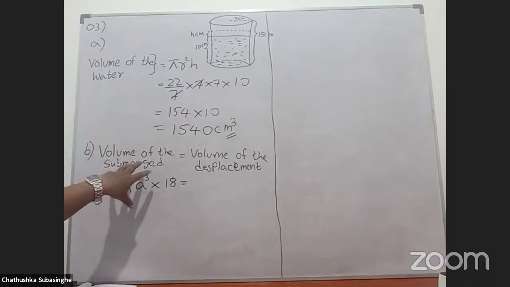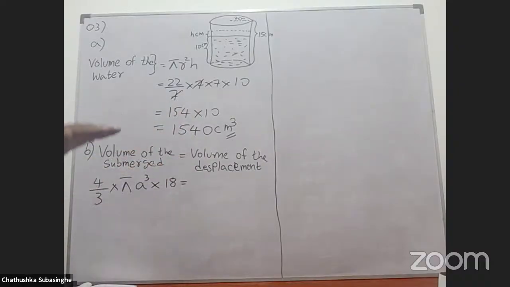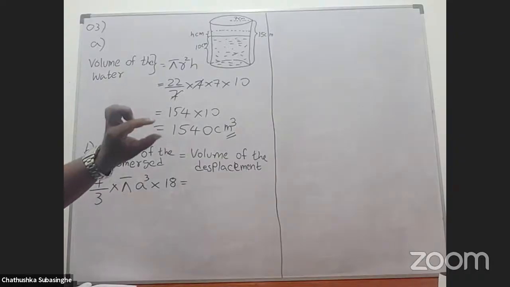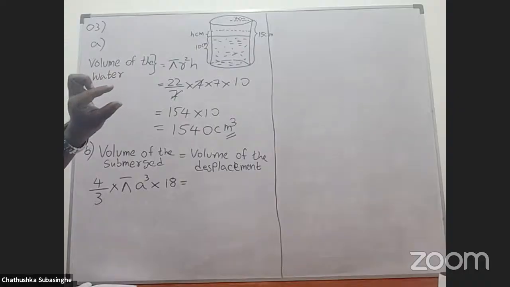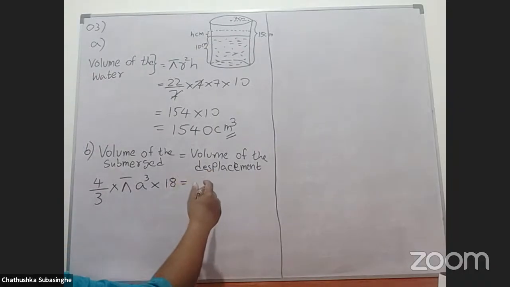So that volume is equal to the water level which came up, right? The height that came up is 8 centimeters. So now we can write an expression for that volume.